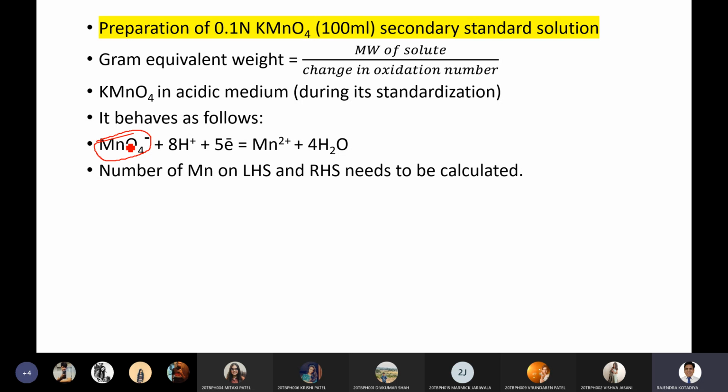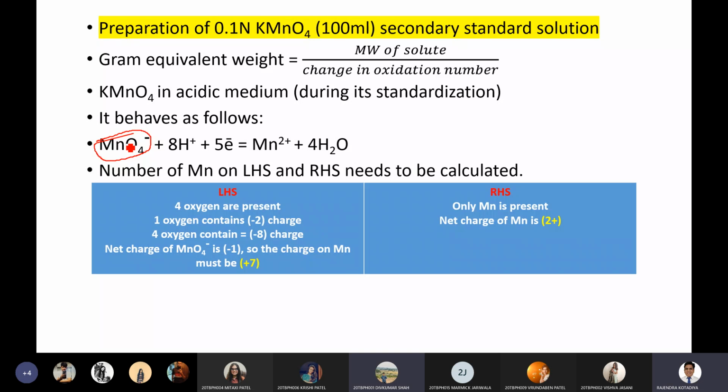Now just focus on gram equivalent weight. It is the molecular weight of solute divided by the change in the oxidation number. So what is the change in oxidation number here? If you focus on manganese, on the left hand side it is +7, on the right hand side it is +2.